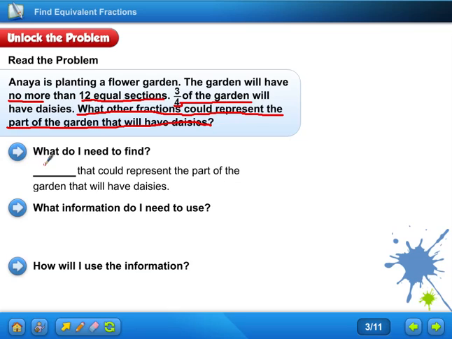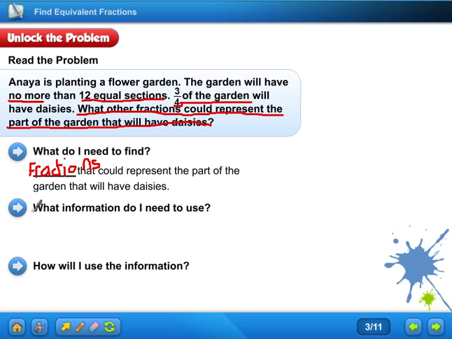The fractions. So what do I need to find? Fractions that could represent the part of the garden that will have daisies, because that's what they're giving us right here, and we need to find that also with an equivalent fraction. Other fractions are equivalent fractions.